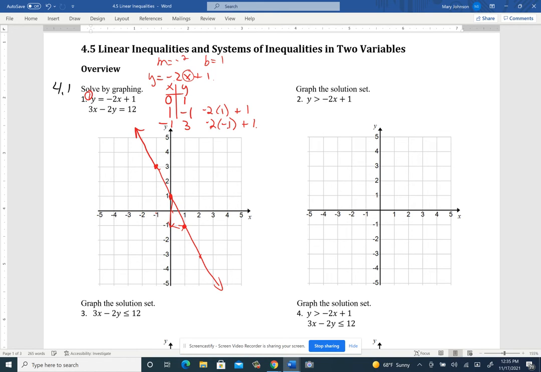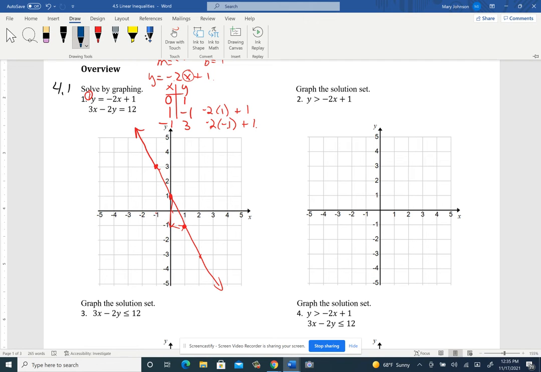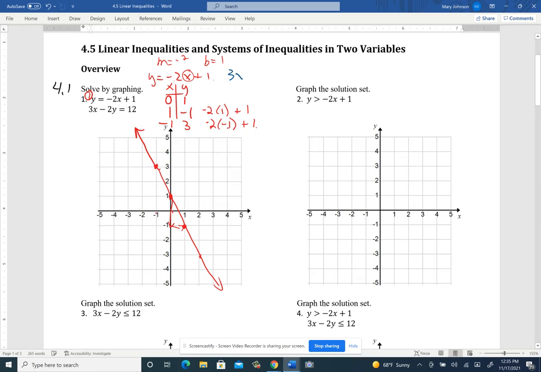Okay, now the other one, let me do it in blue, that I'm graphing is 3x minus 2y equals 12. So I'm going to graph that one by finding some ordered pairs, and I think I'll use intercepts when I do that one. I'm going to put a 0 in for x.